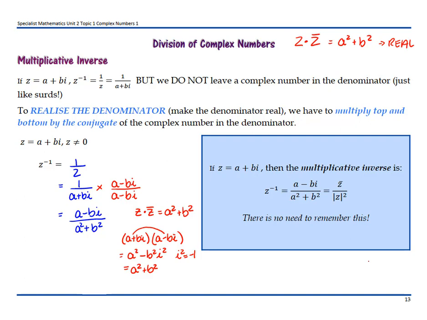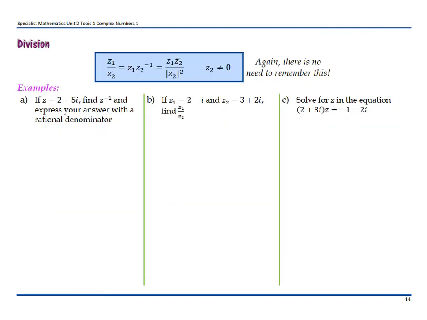Do you need to remember that? No, it doesn't take long to work that out anyway, as you just saw me do. Okay, so you don't need to remember that. So when we're dividing, we're going to use these principles. So z1 over z2 would be the same as z1 times the multiplicative inverse of z2.